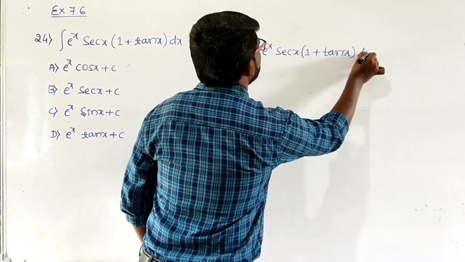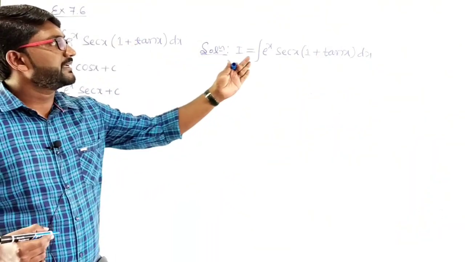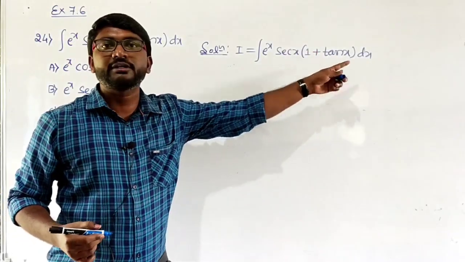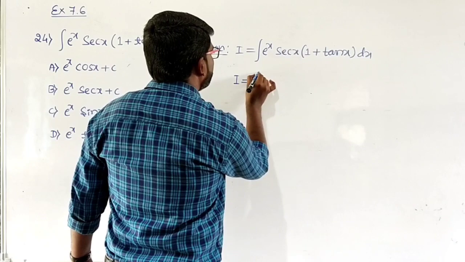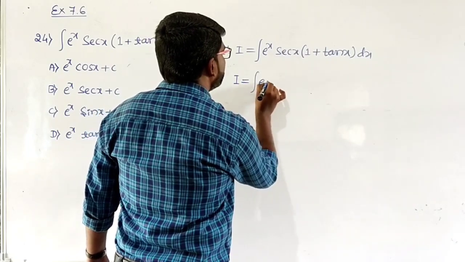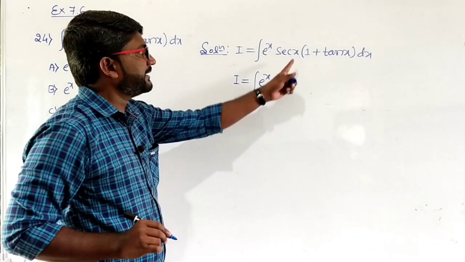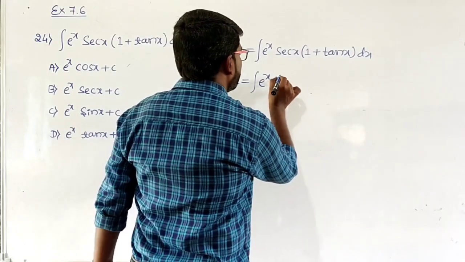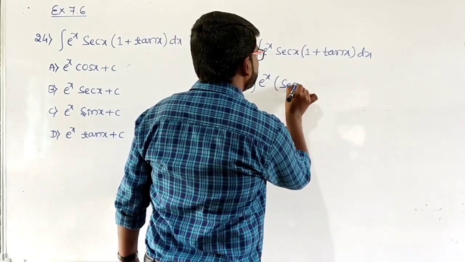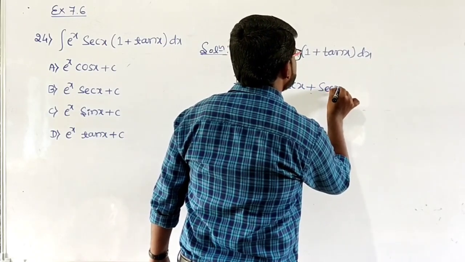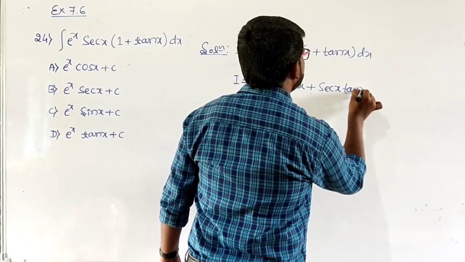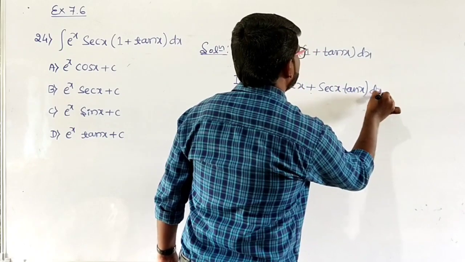So now in the next step we have to multiply secant x with these two terms. So I equals integral e power x. Now multiply secant x with these two terms. We get secant x plus secant x into tan x, dx.